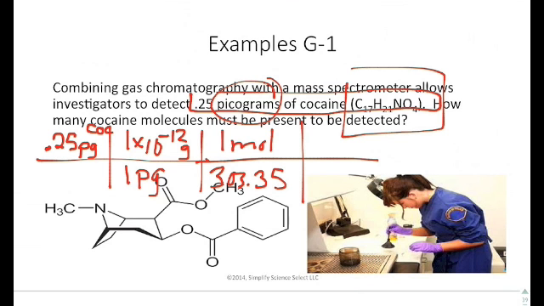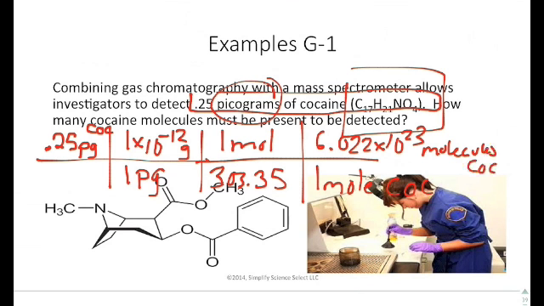Once you are in moles, you have to go to the number of molecules that are present. So 1 mole of COC ends up being 6.022 times 10 to the 23rd molecules of COC. And if you look, you went from moles to moles, grams to grams, picograms to picograms.